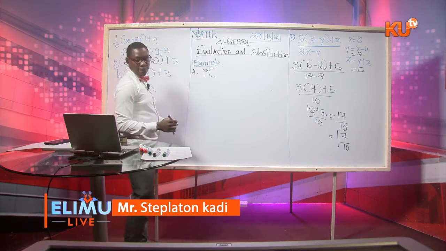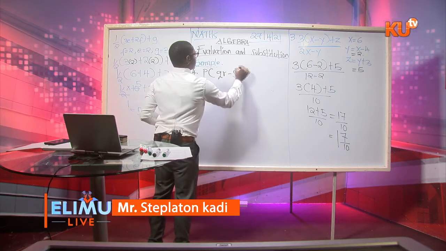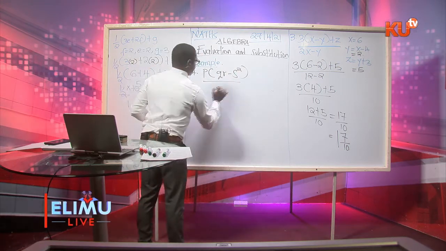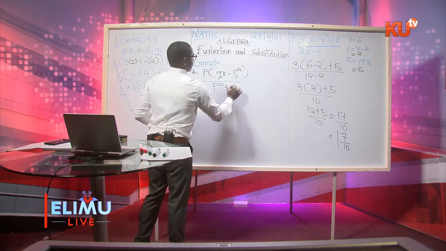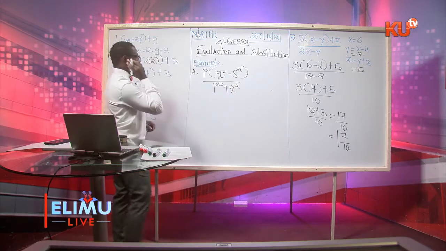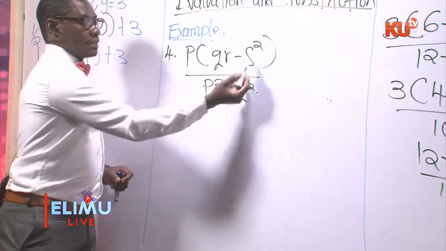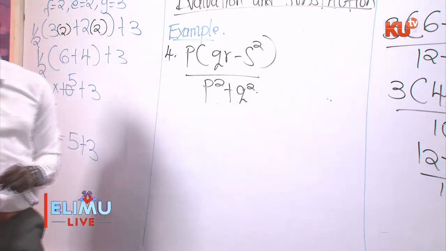P into brackets QR minus S squared, close the brackets, over P squared plus Q squared. So we have P into brackets QR minus S squared over P squared plus Q squared.